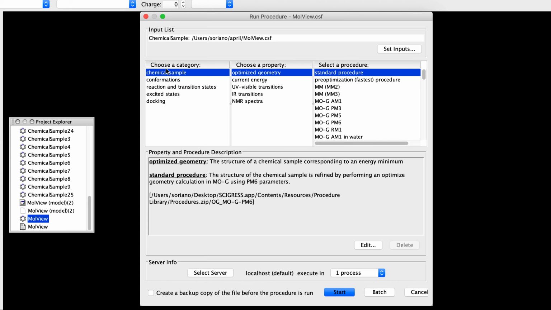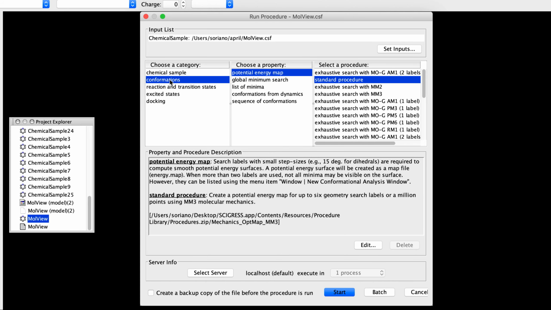We're going to do a chemical sample, conformations. We're going to generate a community, I'll call it, of conformations of LSD free base. We're doing molecular mechanics now. Standard procedure. But I'm going to go for conformations from dynamics, molecular dynamics.